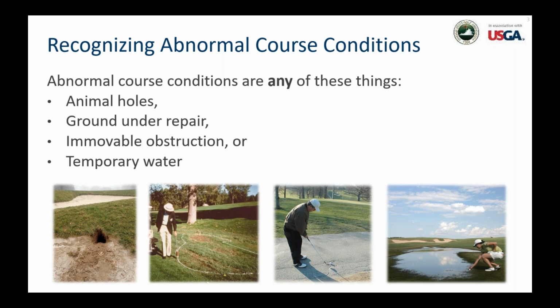The third picture, your classic immovable obstructions. This player is on a cart path, and the far right picture, temporary water. It can only be on the surface of the ground and something that is visible when you take your stance.